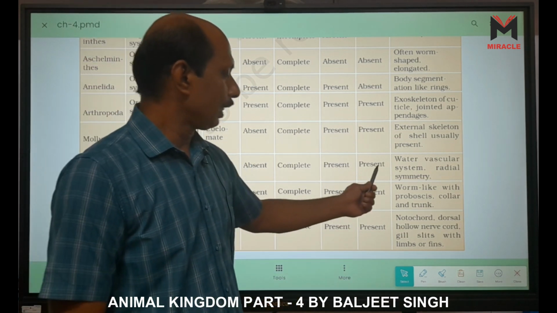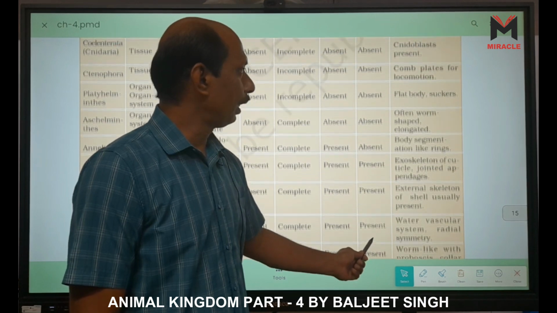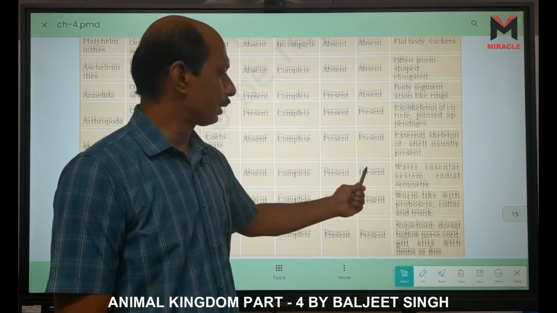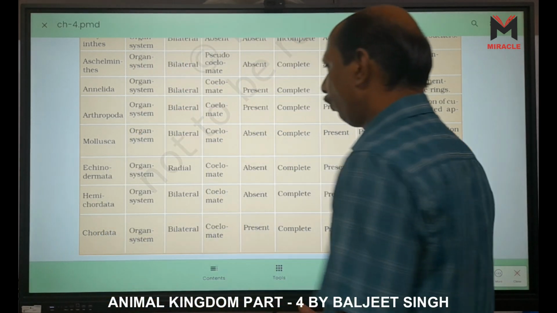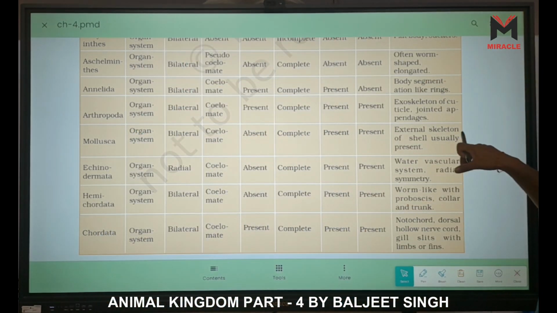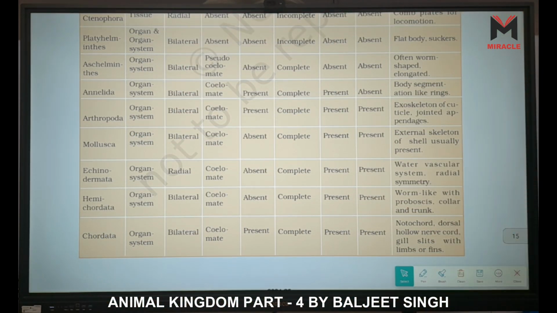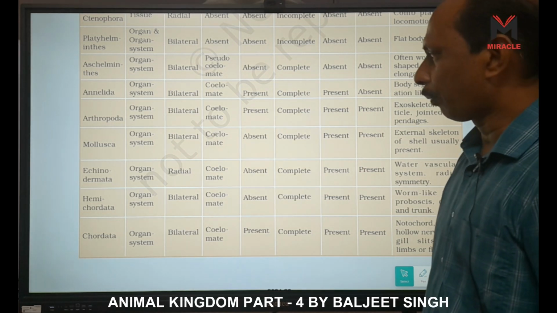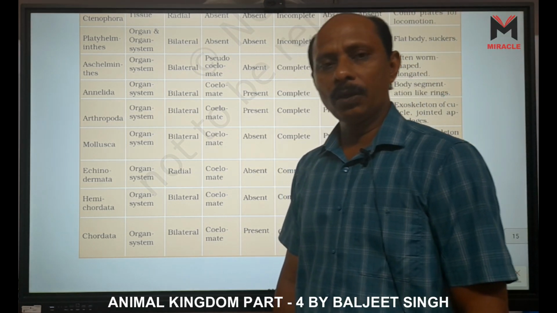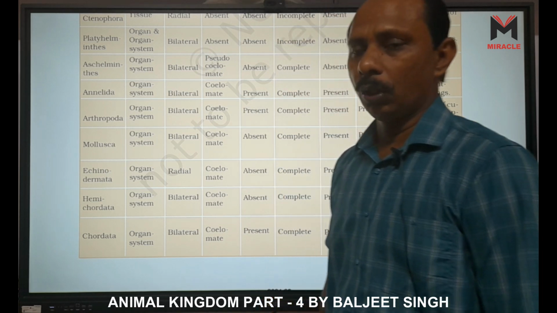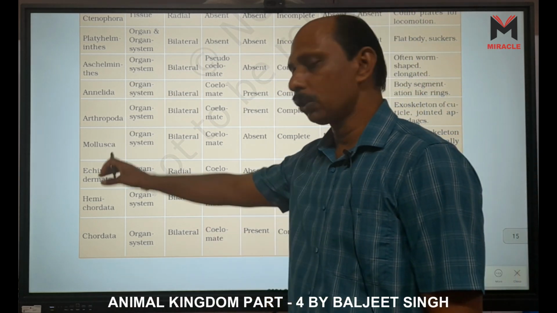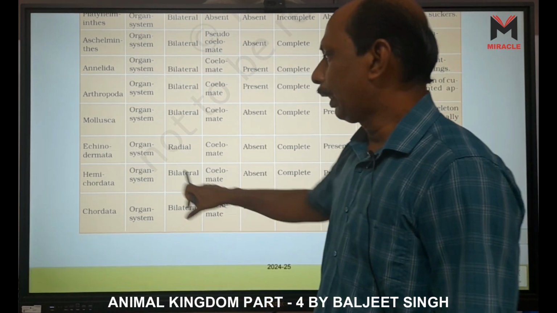Respiration is through gills, called ctenidia, feathery gills. An external skeleton of shell is usually present. This shell is made up of calcium carbonate, and the study of shells is called conchology, C-O-N-C-H-O-L-O-G-Y, and the study of Mollusca is called malacology.